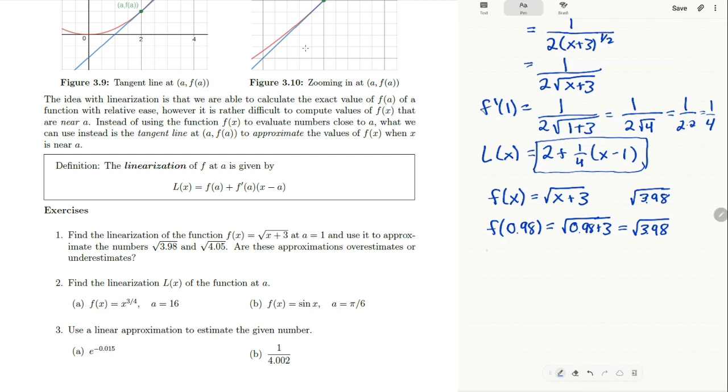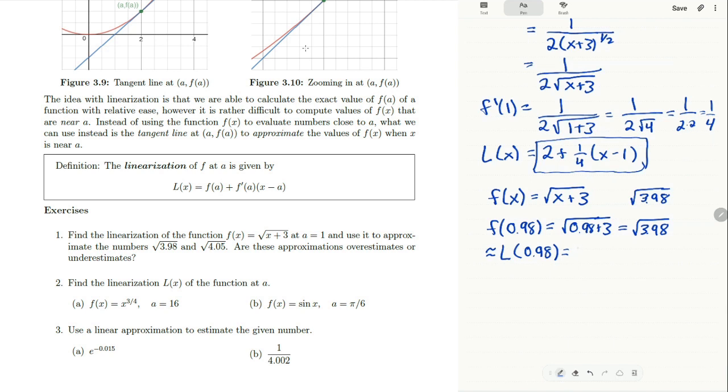So the function f is going to be approximately the linearization at this x coordinate. So we can evaluate L at 0.98, and this will give us the approximation to root 3.98.